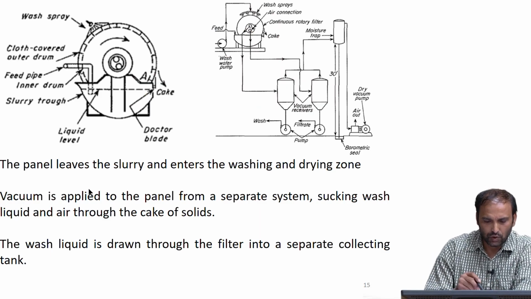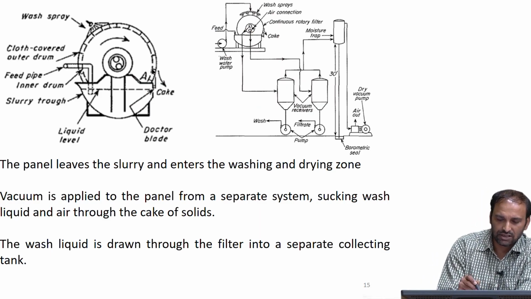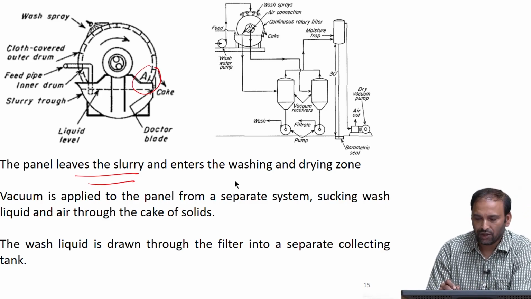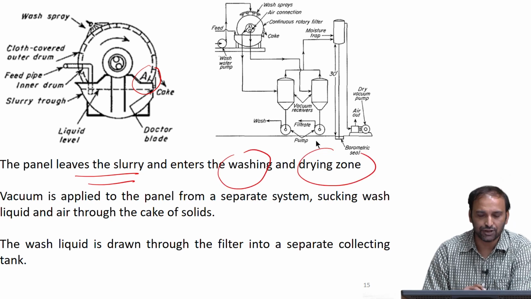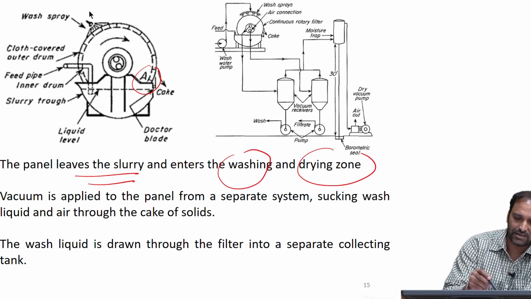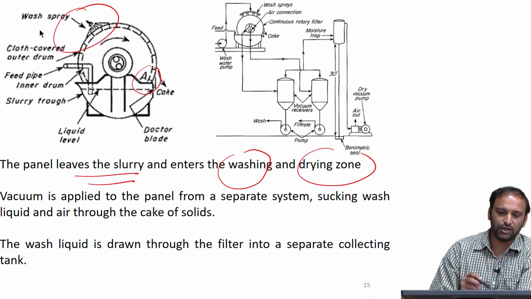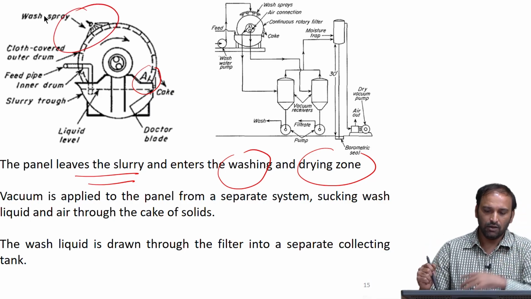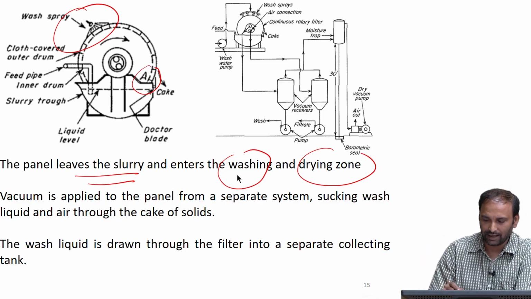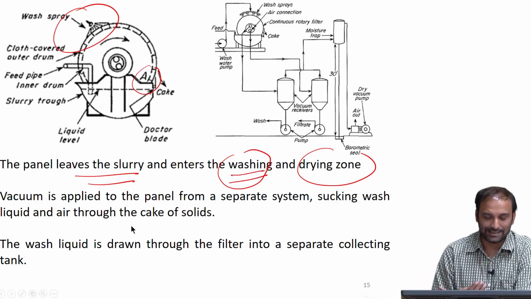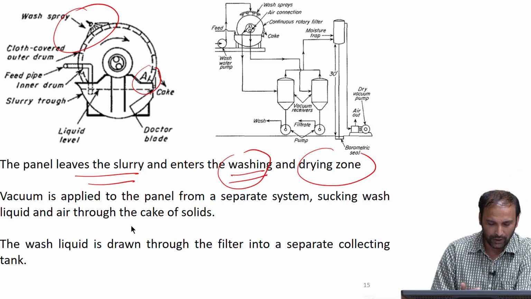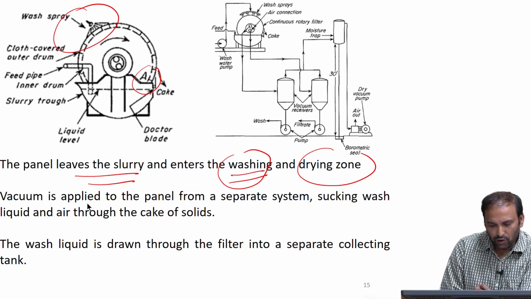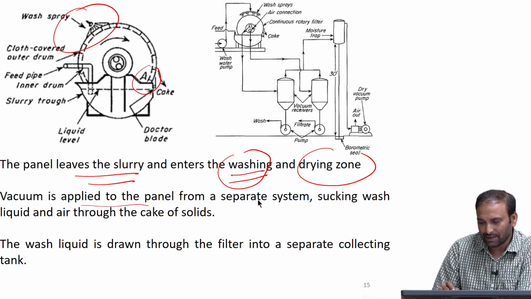Now, as soon as this panel A leaves the slurry, it enters the washing and the drying zone. This is where the washing is done. You have a spray that is sprayed onto the cake that is formed, and that ensures the removal of the residual filtrate liquid, and vacuum is applied to the panel from a separate system.